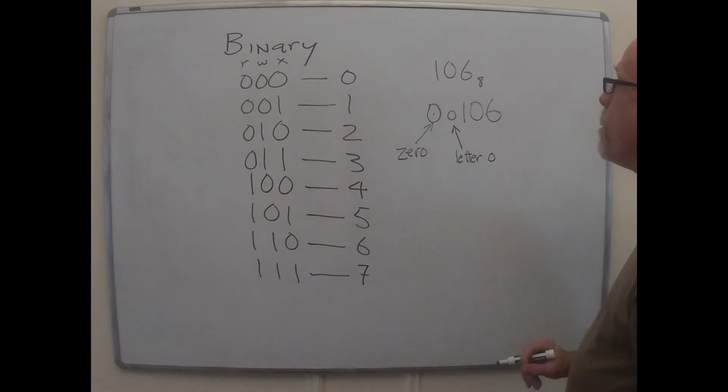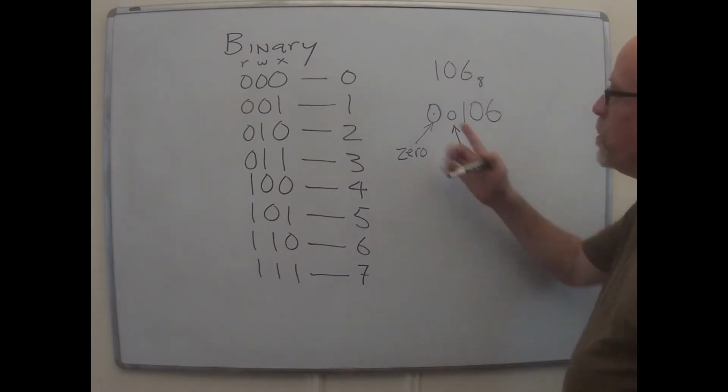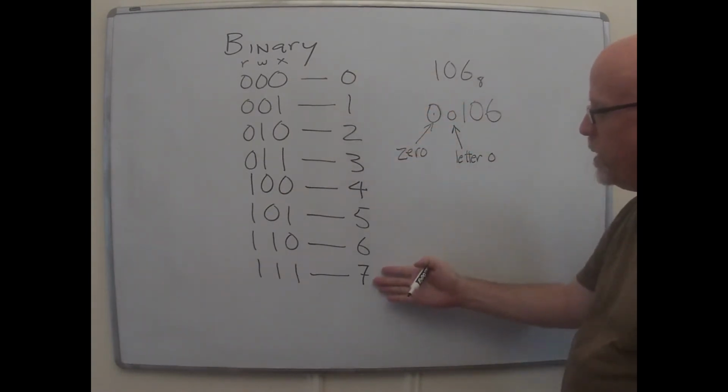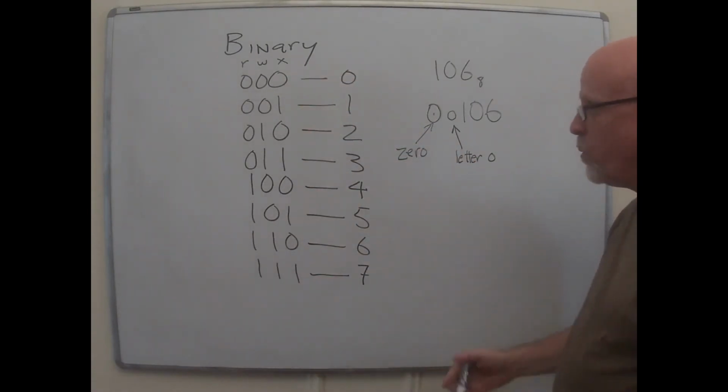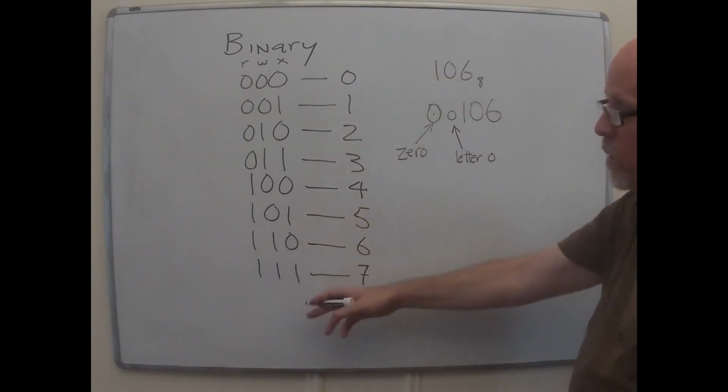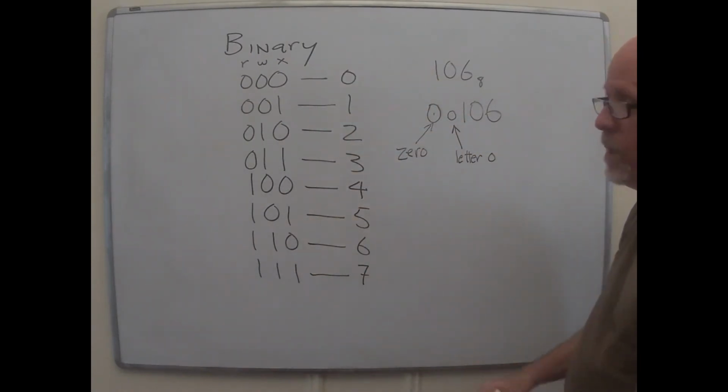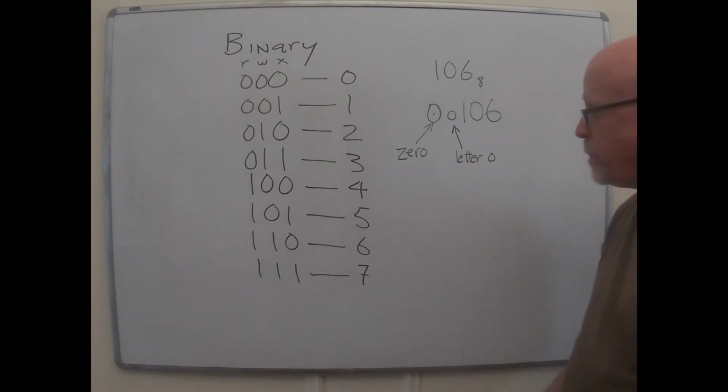Okay, for octal, because of this correspondence between the digits and binary triples, you do a lot of your conversion work by just creating this table, and it was quick. Did you notice how quickly I was able to produce that table? And you just do a table lookup.